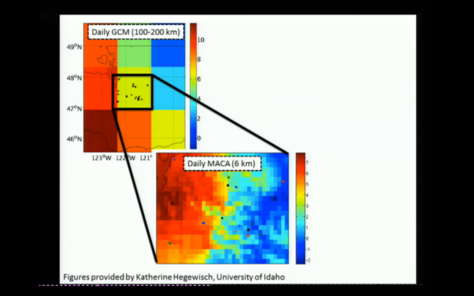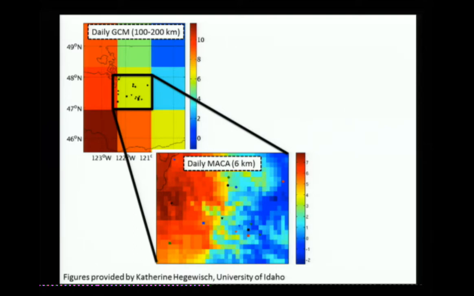So what MACA does is downscale this data to 6 kilometers to provide more spatial detail, and this preserves the gradient of climate between downtown Seattle and the mountains. You can see on this plot the station locations are indicated as well.